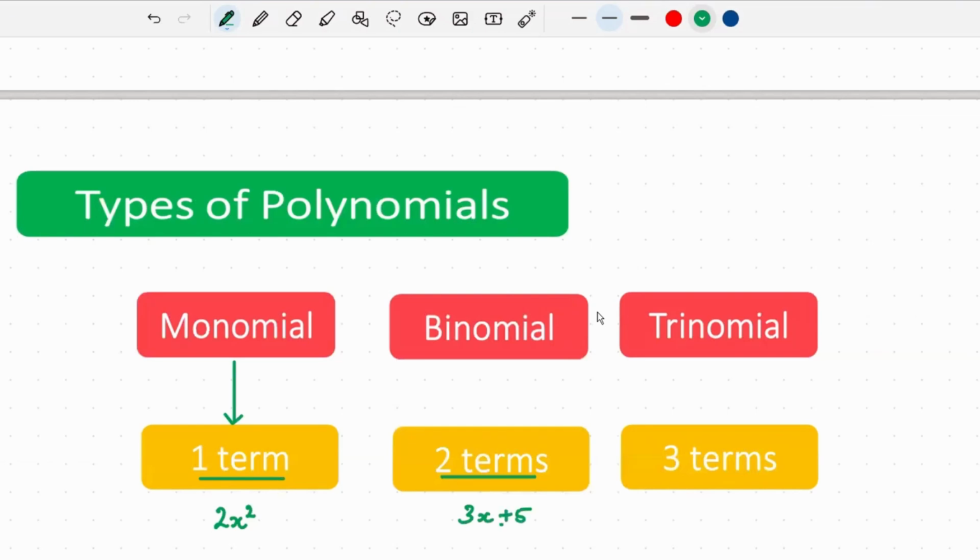Here you can see the plus sign is separating the two different terms, 3x and 5. So this is referred to as a binomial because it has two different terms. Suppose your polynomial has three terms, for example, 2x square plus 3x plus 5. Here you can see there are three different terms, so therefore this polynomial is referred to as trinomial.